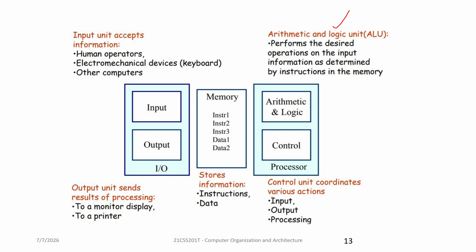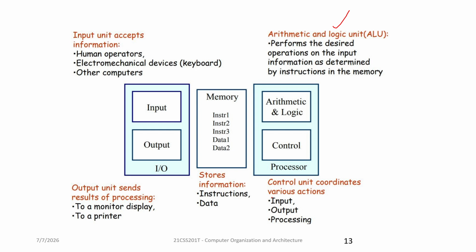Then memory. I told about 3 memories. One is main memory, second is secondary memory, third is cache memory. Secondary memory is a much larger memory. Whenever we write a program, all the programs are stored in the secondary memory.